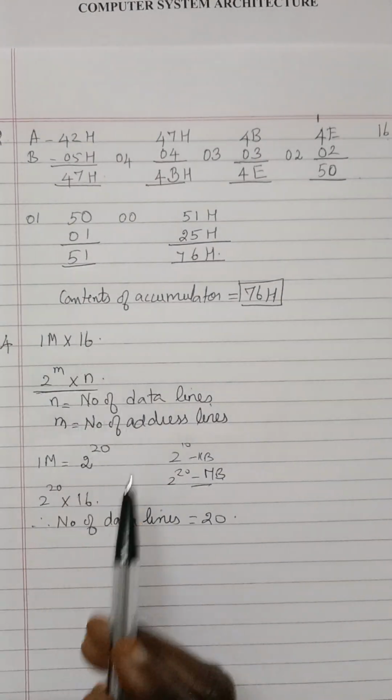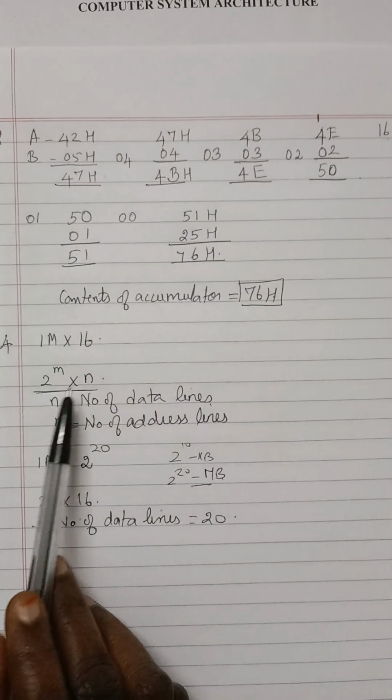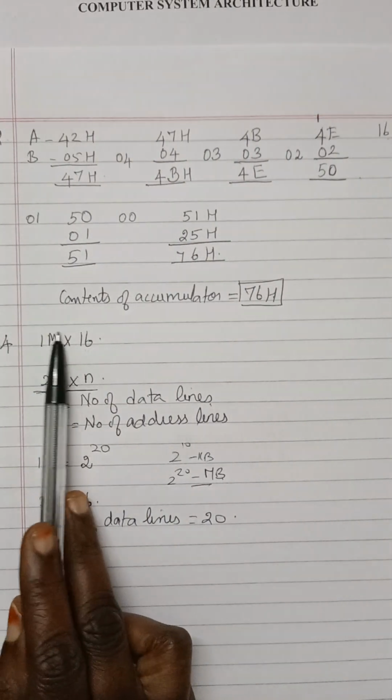So 16 is the number of data lines. The number of address lines alone you have to find out. Write it as a power of 2, depending on the value given.